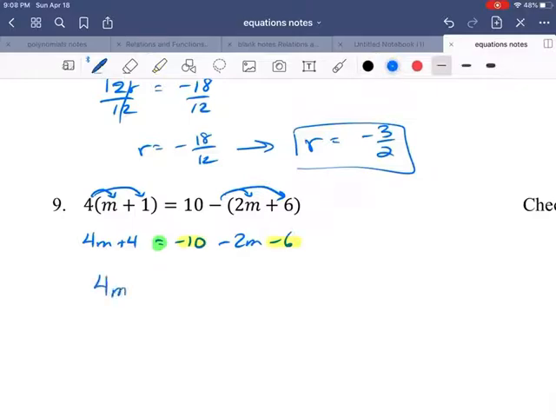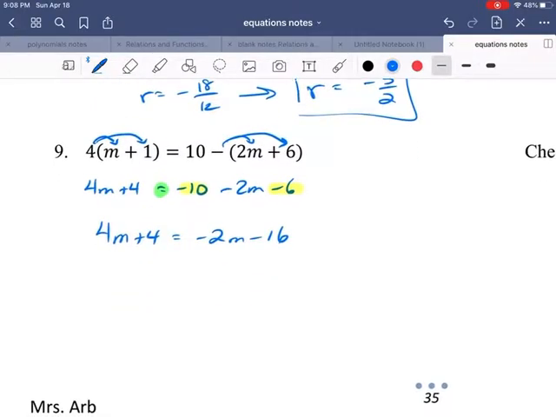So let's just combine those two to make negative 16. Negative 2m is less than 4m, so let's add 2m to make a zero pair there, and we end up with 6m plus 4 equaling negative 16. Subtract 4 to make a zero pair.